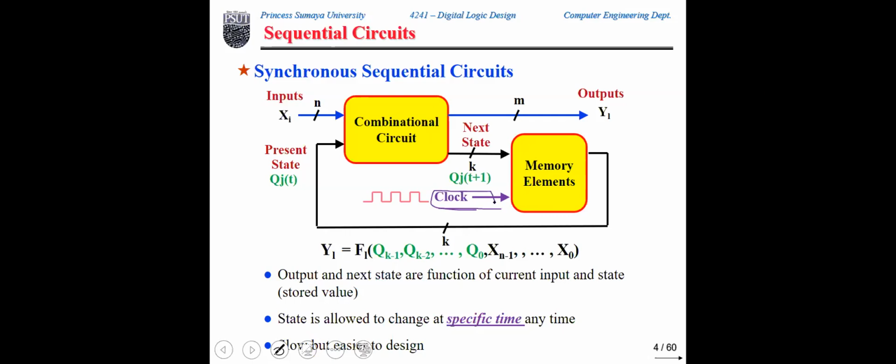And this input represents time. It has something to do with time, and usually it has this form. It is a clock, which is a function like this. It is usually periodic like this. So this is the shape of the clock.